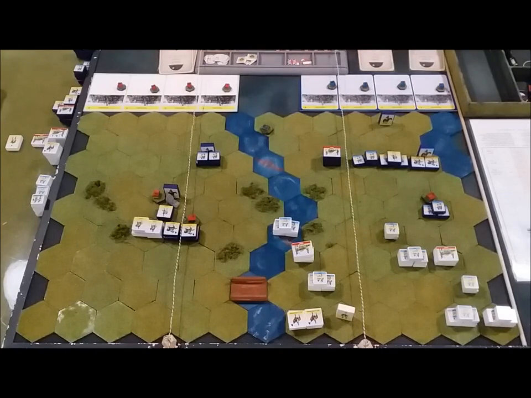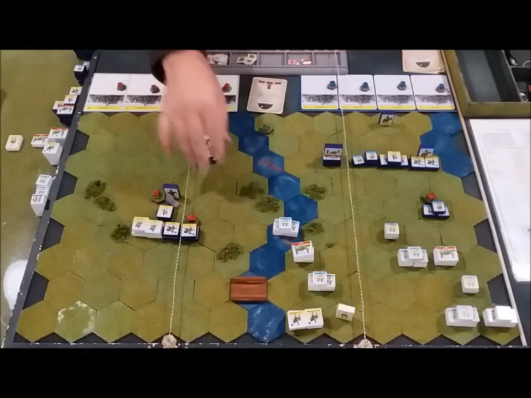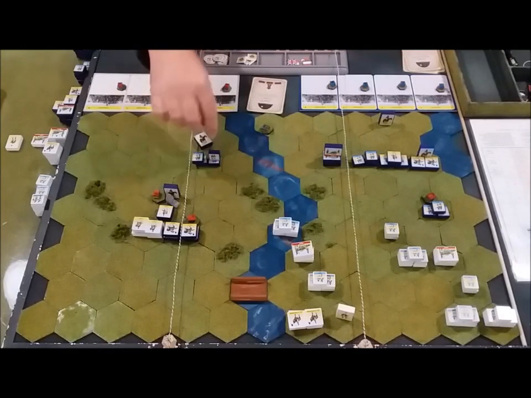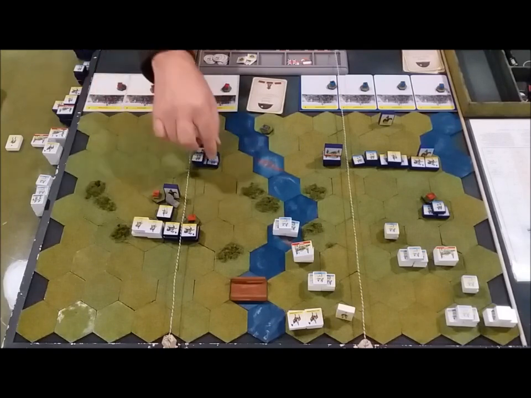So I think what we're going to do is an attack centre, which will give us the foot, the line here to move up or not.